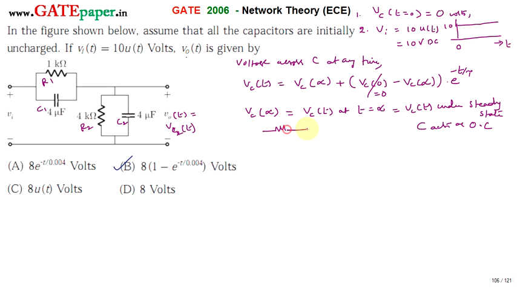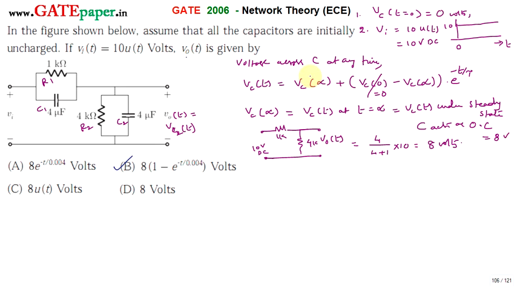Then the circuit looks like a simple resistor combination, a voltage divider with 10 volts DC at input, and V0 of t is the voltage across the 4 kilo ohm resistor, that is R2, and the other is 1K. By the voltage divider we can write 4 by 4 plus 1 into 10 volts, which is nothing but 8 volts. So V0 of t at t equal to infinity is 8 volts.